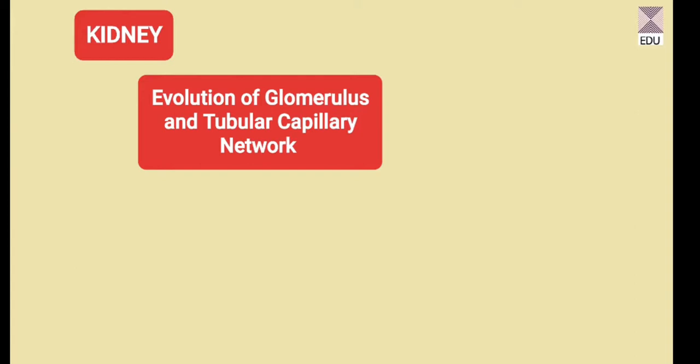If we go for the evolutionary phases in the case of glomeruli, there can be four distinct phases. The first phase is the aglomerular stage. The second is the formation of glomeruli, but here the glomeruli are external in position, not the internal glomeruli as we discussed in the previous section.